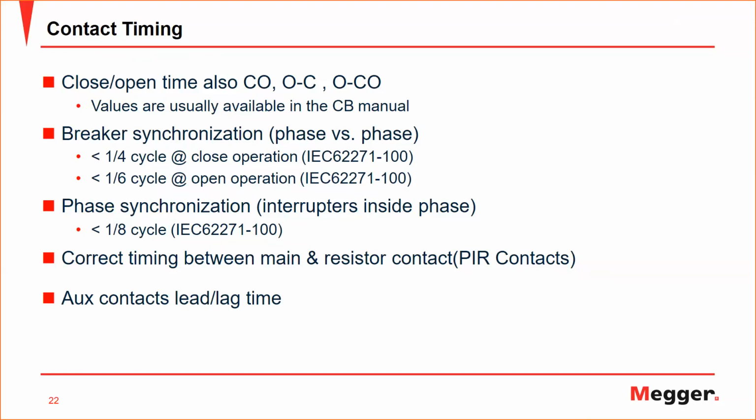Then you have, in case of multiple interrupters in your breaker, where you have, let's say, 2 or 3 or 4 or more, you have a phase synchronization where all the interrupters should operate with a very minimum value difference between them.